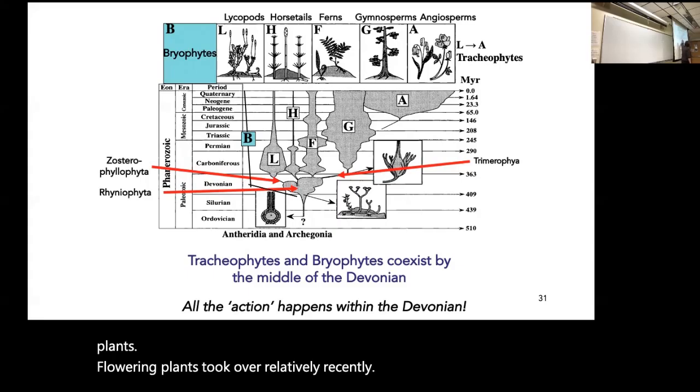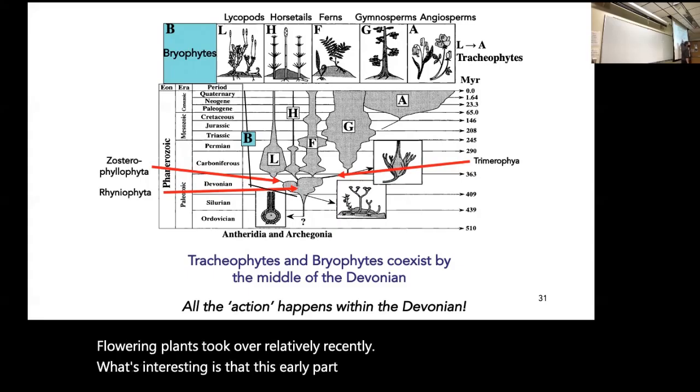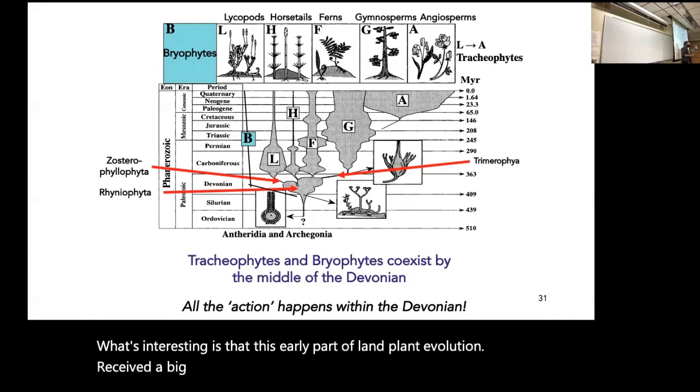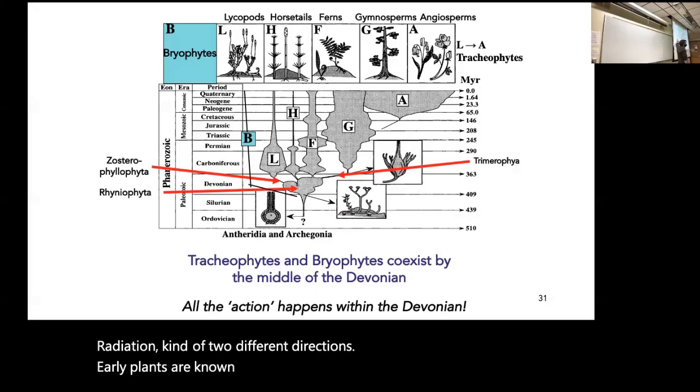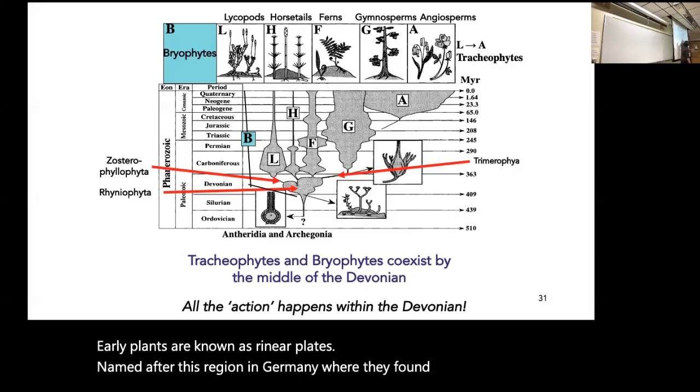What's interesting is that in this early part of land plant evolution, we see a big split, a radiation in two different directions. Early plants are known as rhyniophytes, named after this region in Germany where they found these early plant fossils.